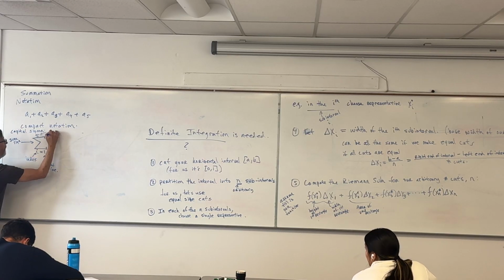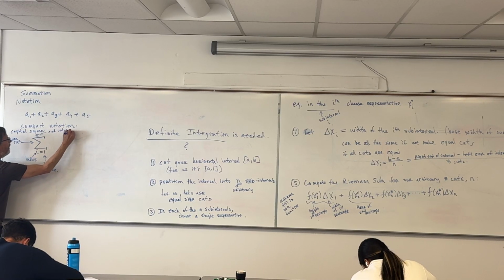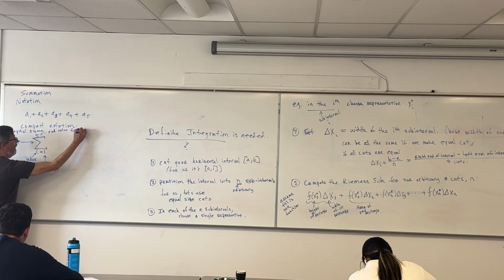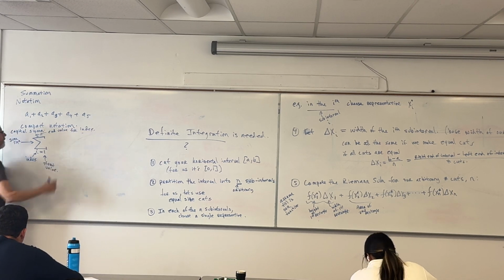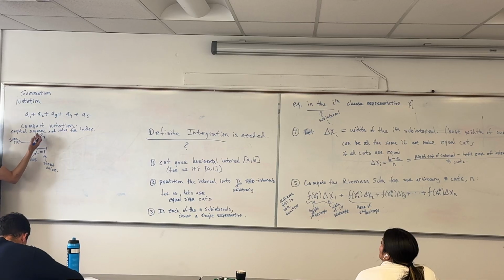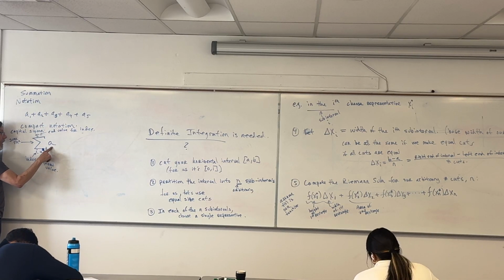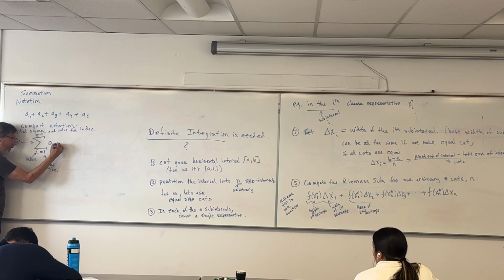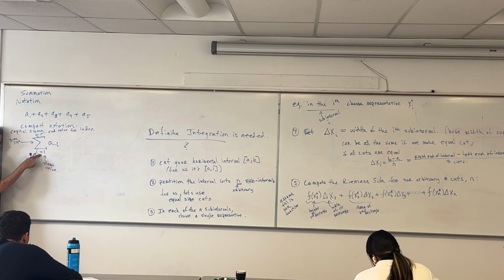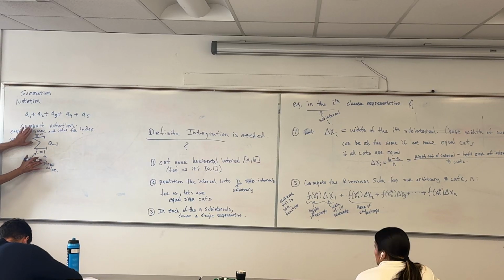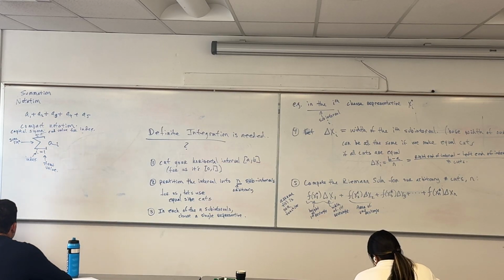So this is my end value for my index. And then to the right of that, I look and see what is changing here. And what I'm doing is adding together a bunch of A's that have subscripts that run from 1 to 5. So this thing right here that I've written is a compact way to write that.